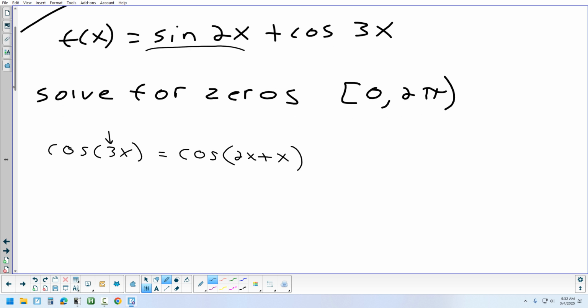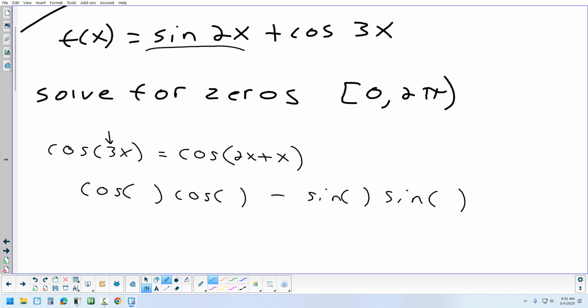Okay, so that's a cosine of a sum. Do we group the trig functions, or do we mix them? Yep, we're going to group them. Cosine, cosine, sine, sine. What symbol is going to go between them when we do the sum? Remember, it's a cosine. Yep. Subtraction.